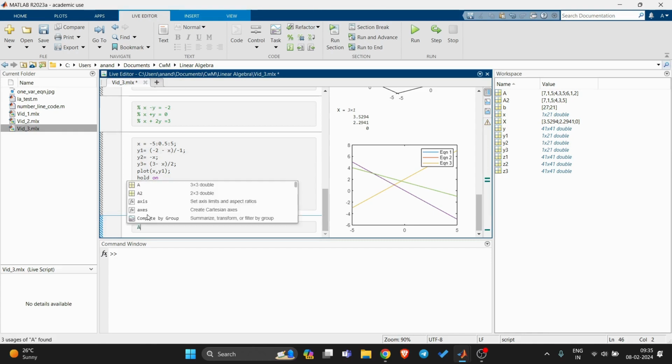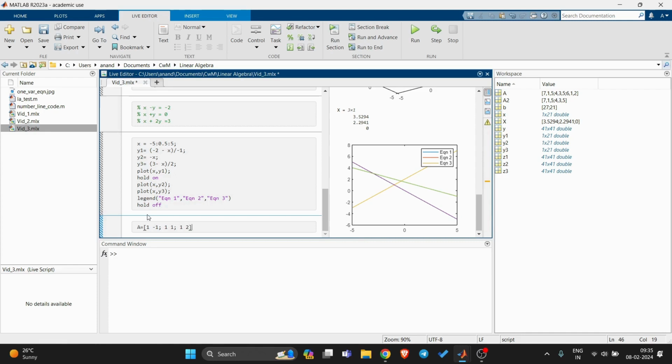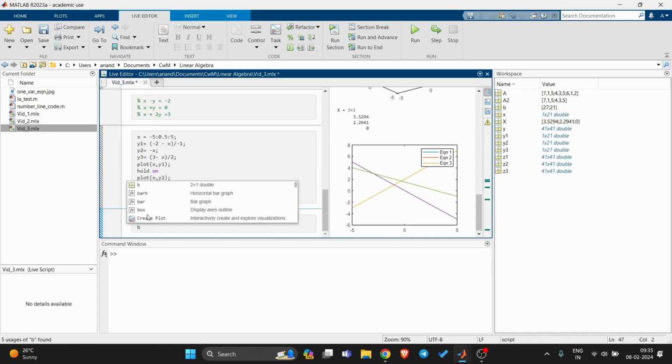So let me first define the coefficient matrix A, which is 1 minus 1 semicolon 1 minus 1 semicolon 1 1 semicolon 1 2, and b, which is minus 2 semicolon 0 semicolon 3.